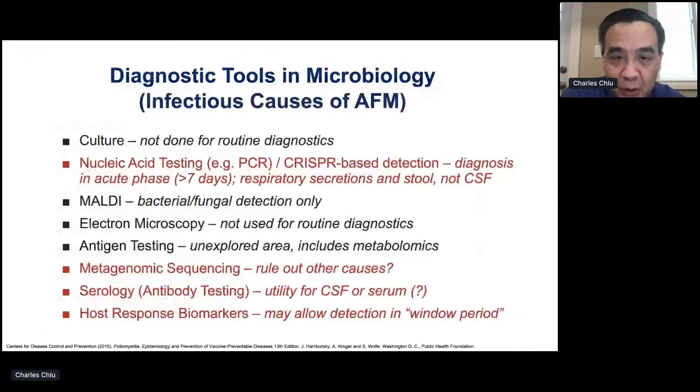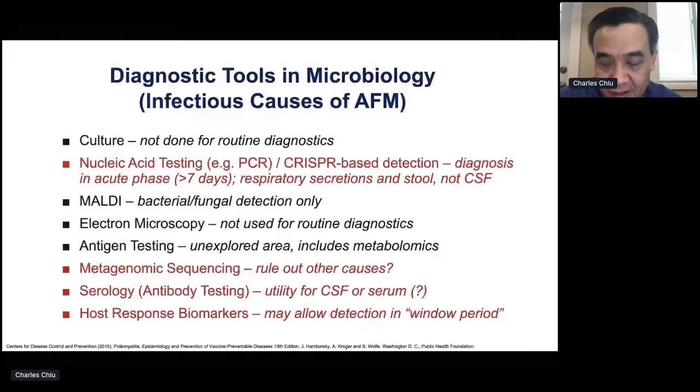So if we focus specifically on infectious causes of AFM with regards to diagnostic tools, I'll be talking today about the specific tests highlighted in red, where we have, for instance, PCR and CRISPR-based detection for rapid nucleic acid testing, notably that this will primarily apply to respiratory secretions and stool because, again, we can't find enterovirus D68 in spinal fluid.